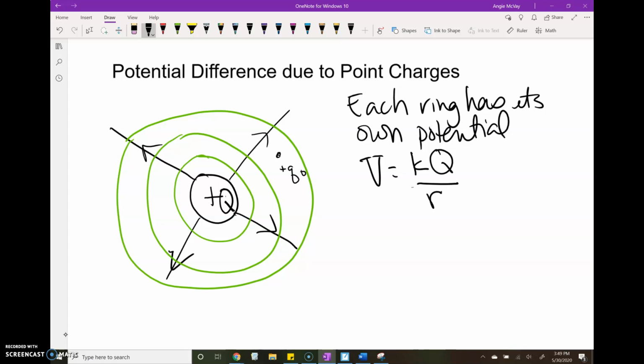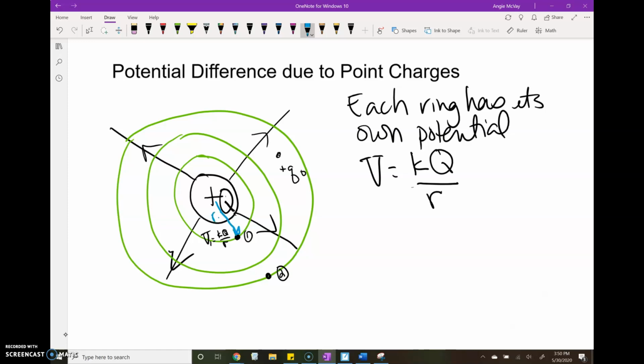So to find the potential difference, let's say we had a charge that was right here. Okay, and then it moved right here. Right, so we could call this position 1, and we can call this position 2. And for both of these, you would just do the potential at position 1 equals K times Q over R. And R would be the distance from the center out to that point.